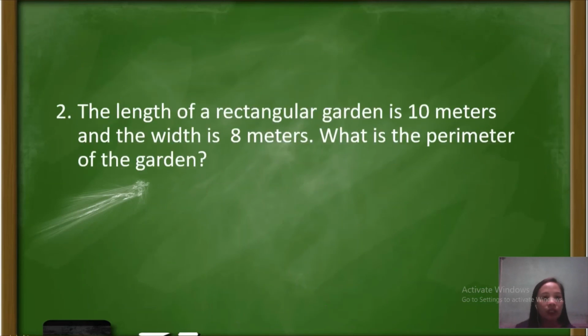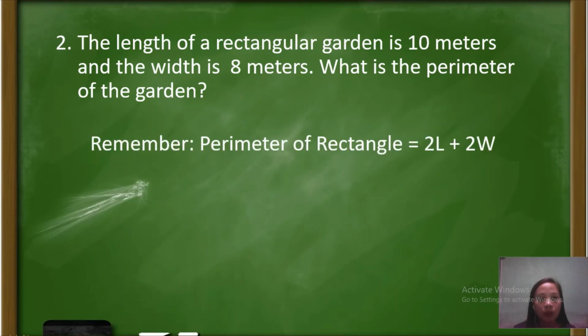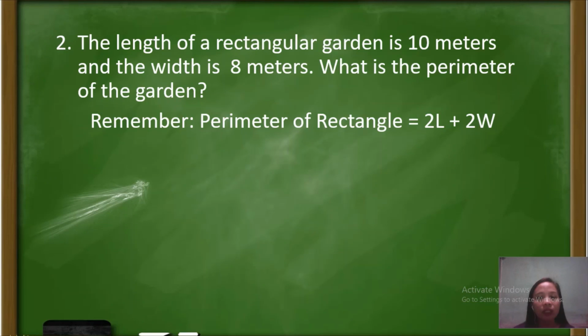Another example, the length of a rectangular garden is 10 meters and the width is 8 meters. What is the perimeter of the garden? Again, for this problem, it is a perimeter, so you're going to add all the sides of a rectangle. The perimeter of a rectangle is equal to 2 times the length plus 2 times the width.